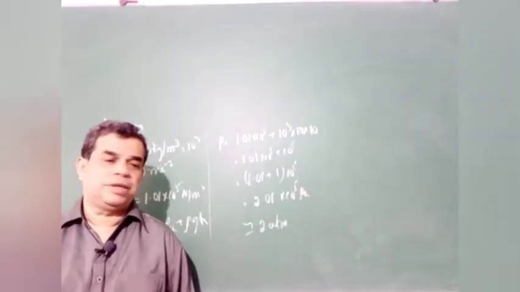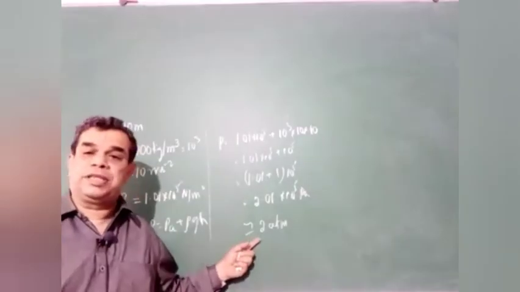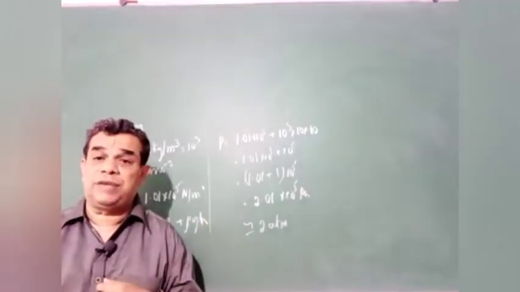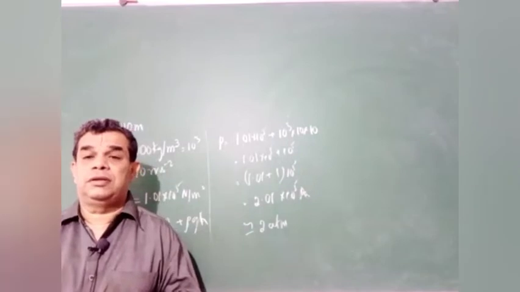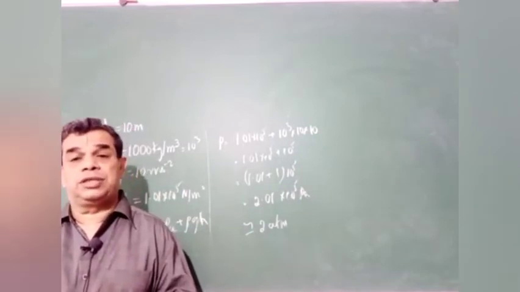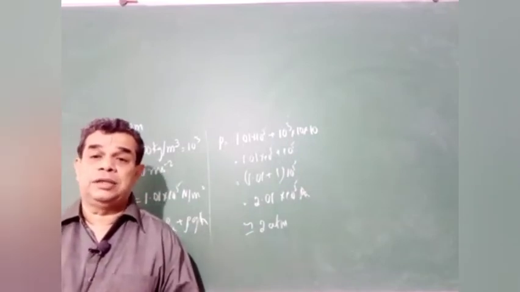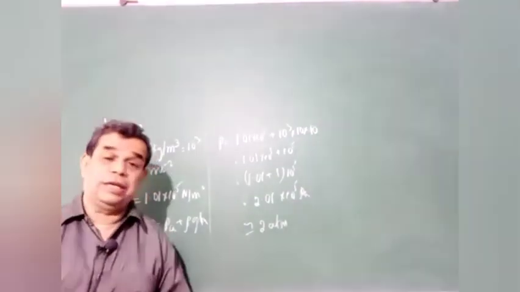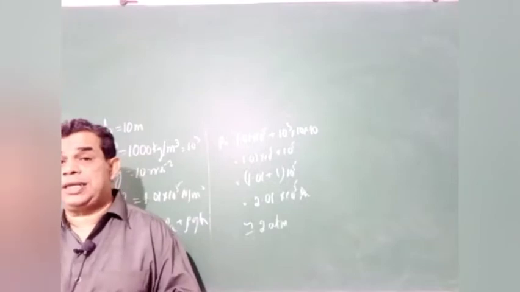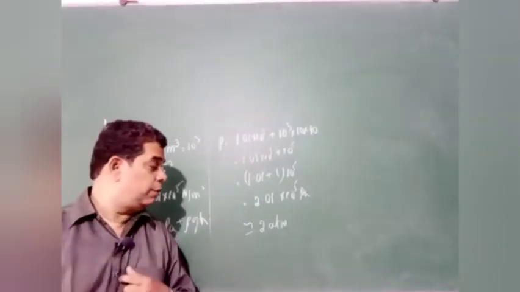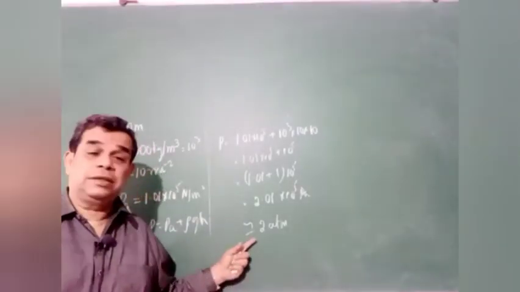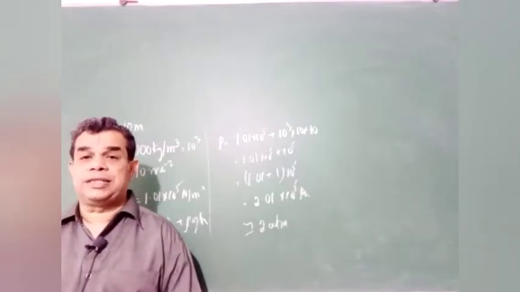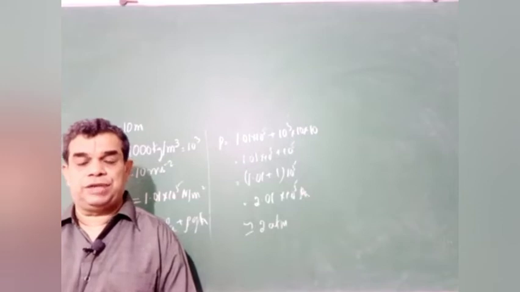Pressure just increased 100% when we go down by 10 meters. Thousands of feet down is the depth of the ocean. Then if you go there, you can think of how much pressure is there on us. Therefore, this example tells us how the pressure increases inside a liquid, especially in water.